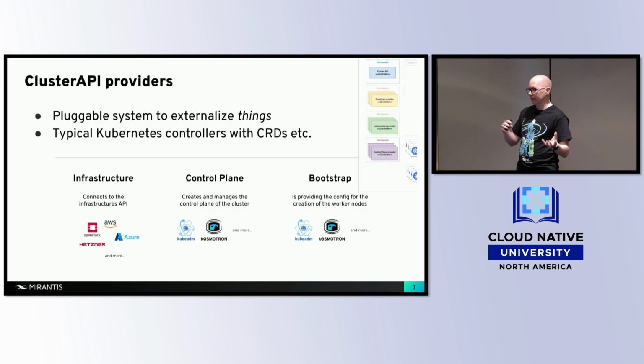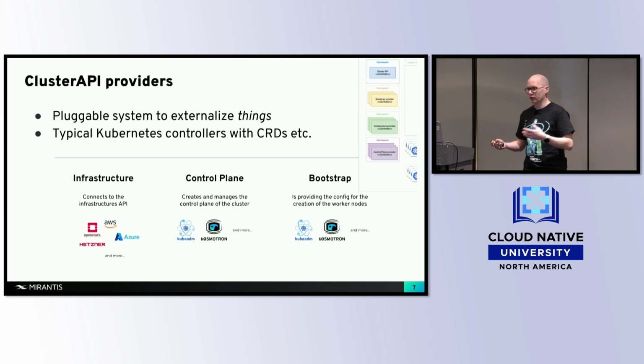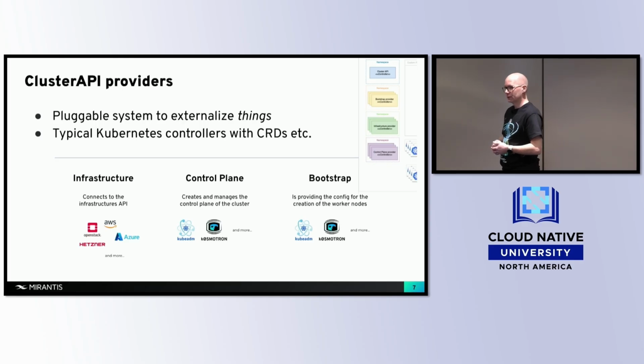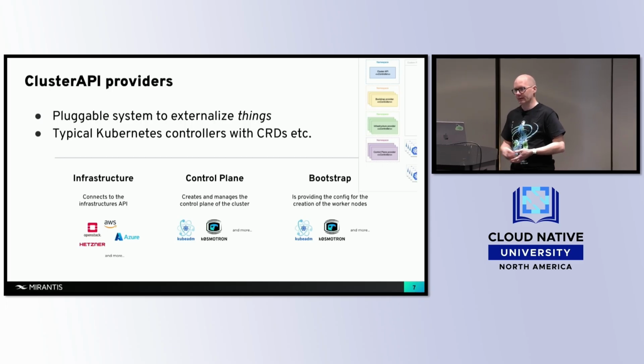And of course, there are different providers for each category. So you could use kubeadm to configure your control planes. You could use our stuff called Cosmotron, for example. And there are different providers for the worker machines as the bootstrap providers.